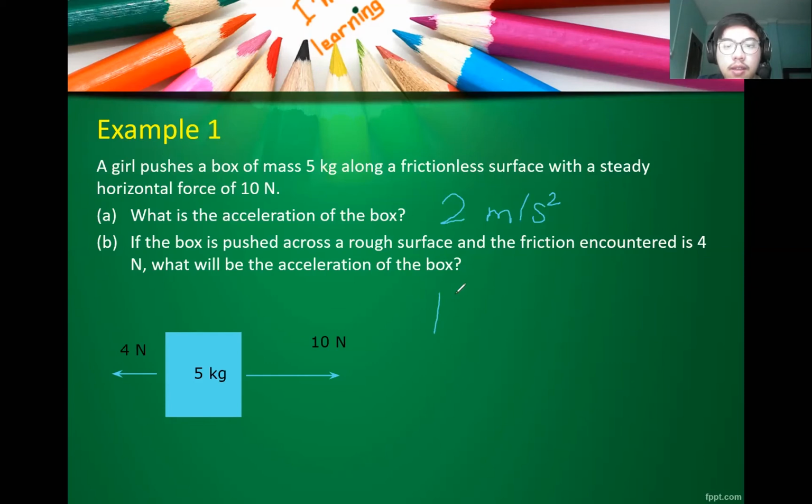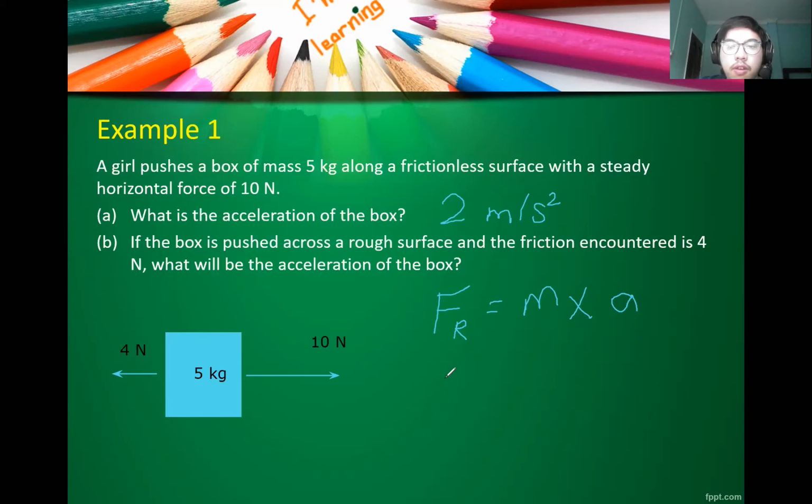So again, we use F is equal to ma. This is our main formula. Now, because we have two forces in this case, we have the pushing force of 10 newtons and we have a frictional force here, 4 newtons. Therefore, we have to find the resultant force of these two forces in order to use this formula.